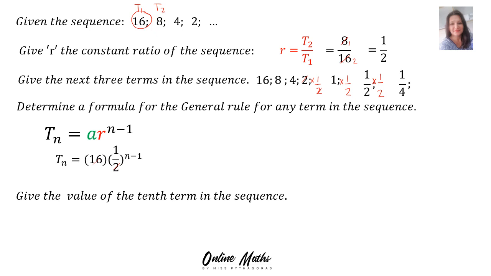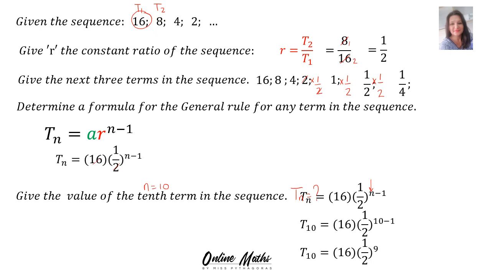Give the value of the 10th term in the sequence. So n is equal to 10. And what am I looking for? I'm looking for Tn, the value. So into the formula, Tn is equal to 16 times half to the n minus 1. Now, in n's place, we can substitute 10, and 10 minus 1 is 9.